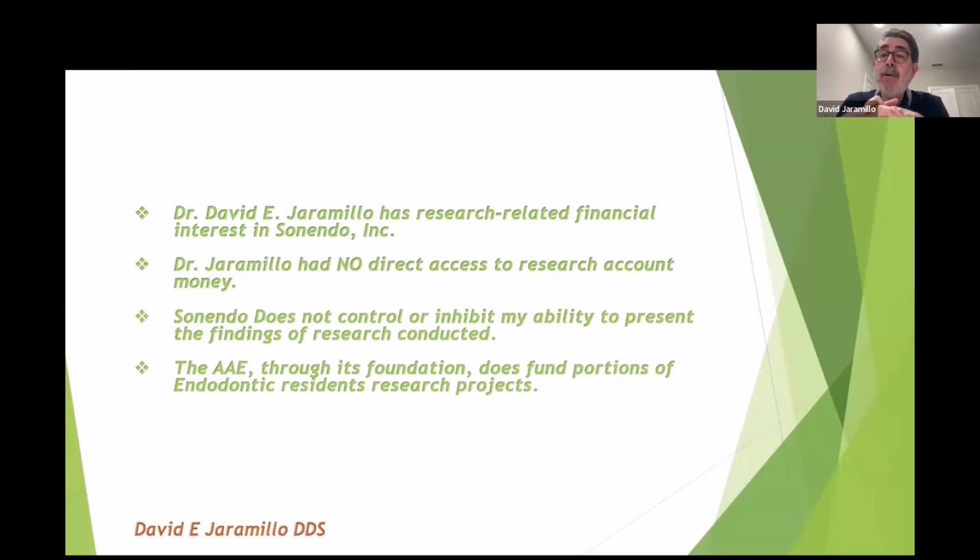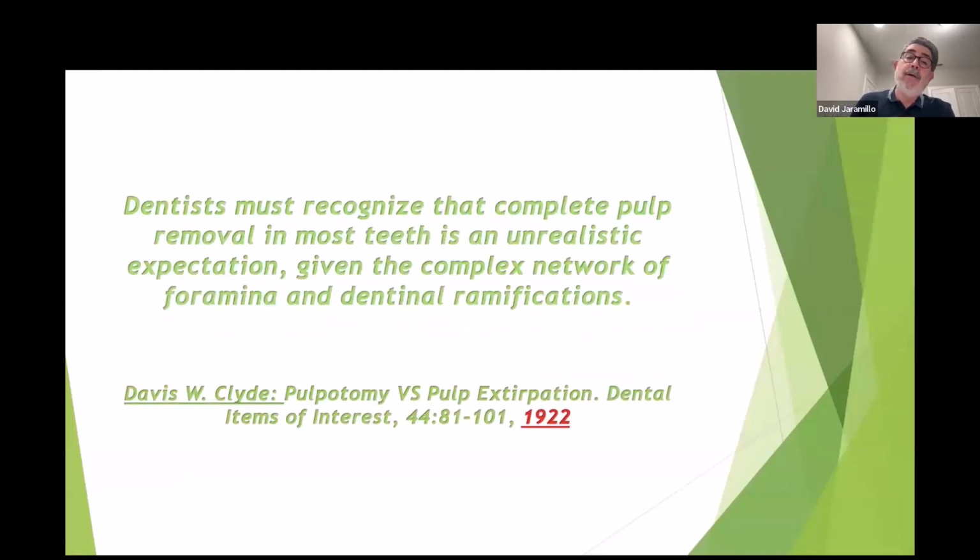But something important is that I don't have direct access to the money. The money goes from the Sohn Endo account into the university account, and the university is in charge of handling the money. I don't get any money out of it. And also some projects have been funded by the American Association of Endodontists.